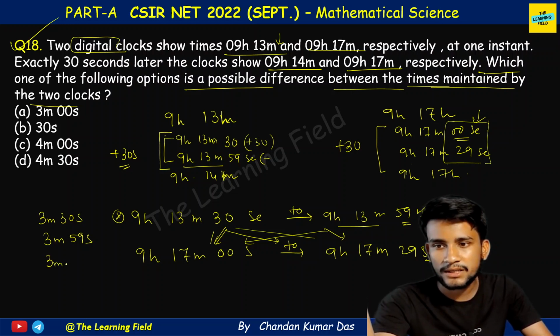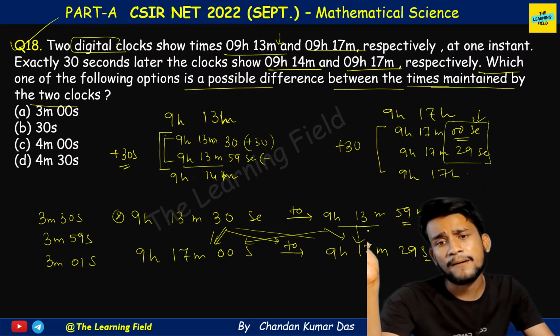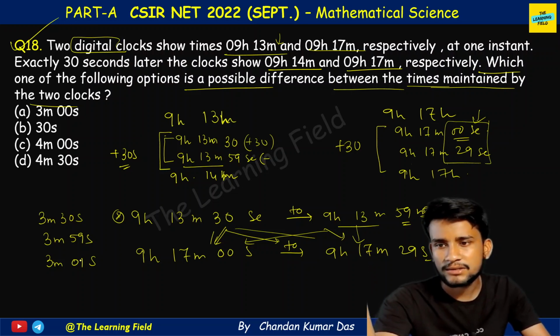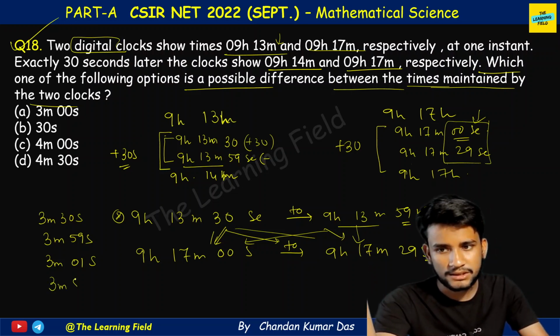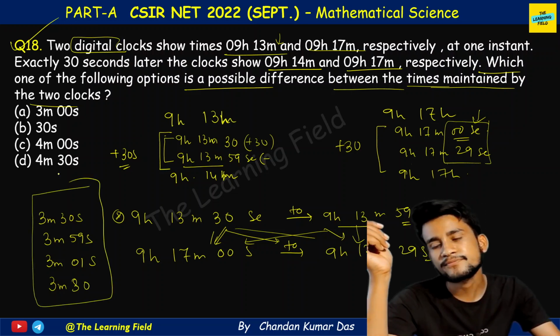So 3 minutes 01 second, and this to this difference is 9 hours 13 minutes and 17 seconds. So 13, 14, 15, 16, 17, 3 minutes 30 seconds. So these are the 4 possible differences.